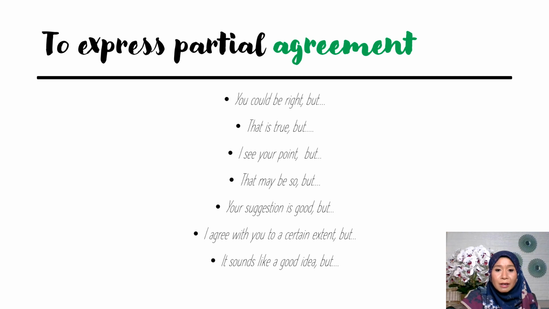What you can say are: you could be right, but; that's true, but; I see your point, but; that may be so, but; your suggestion is good, but; I agree with you to a certain extent, but; it sounds like a good idea, but.